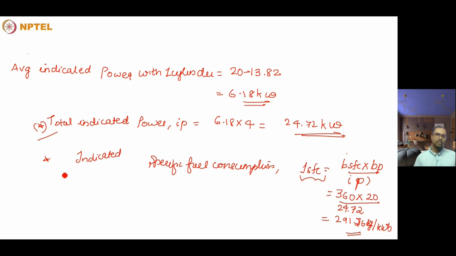So the next step will be to calculate the fuel consumed in terms of kilogram per second, which is the indicated specific fuel consumption multiplied by indicated power. 24.72 is in terms of kilowatt, and this is in terms of gram per kilowatt hour.